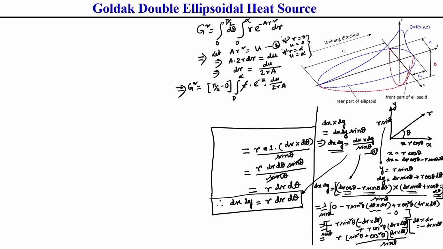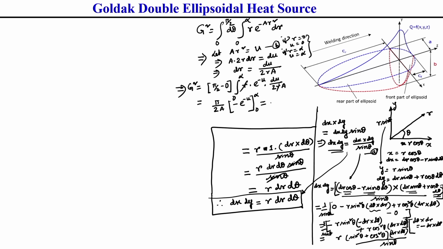So, this r cancels out. So, this will be pi by 2 a, and the integration of e to the power minus u, I am doing minus e to the power minus u, varying from 0 to infinity.